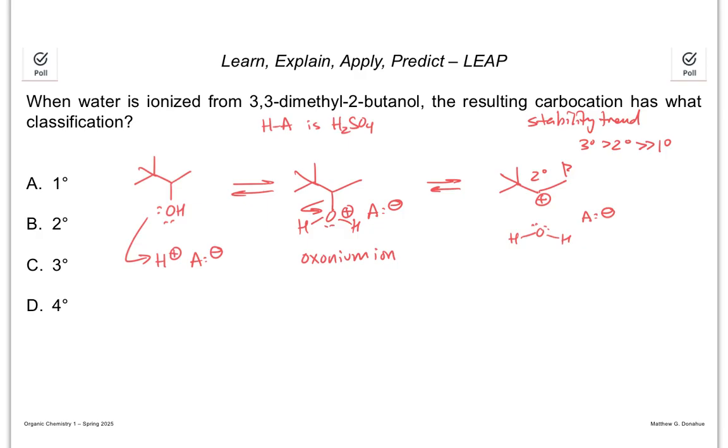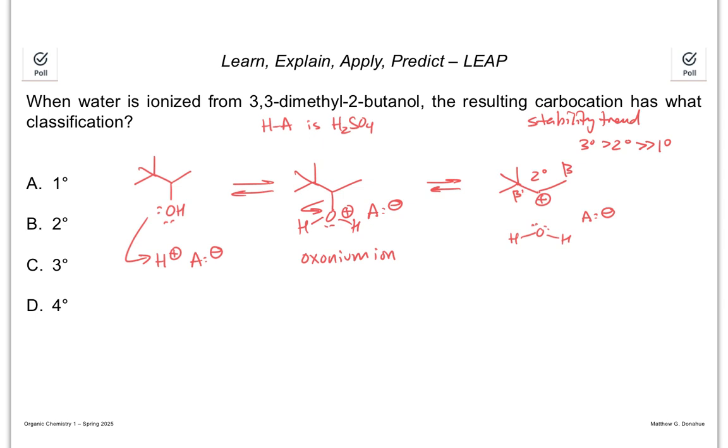Now we have to look to those beta carbons, so beta and beta prime, to see if we can do either a 1,2 hydride shift or a 1,2 methyl shift. If we shift over from the beta carbon, so a 1,2 hydride shift, that's going to result in a primary carbocation. That's less stable.